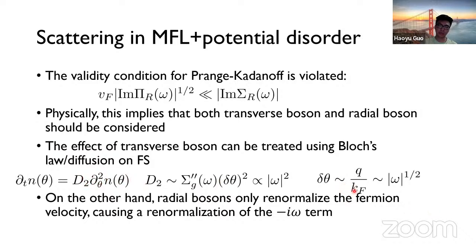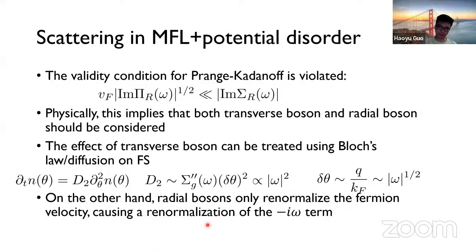Then you could just use the exponents in this problem, and find out that the diffusion constant in this case is proportional to omega squared. So that means that the decay rate is omega squared.